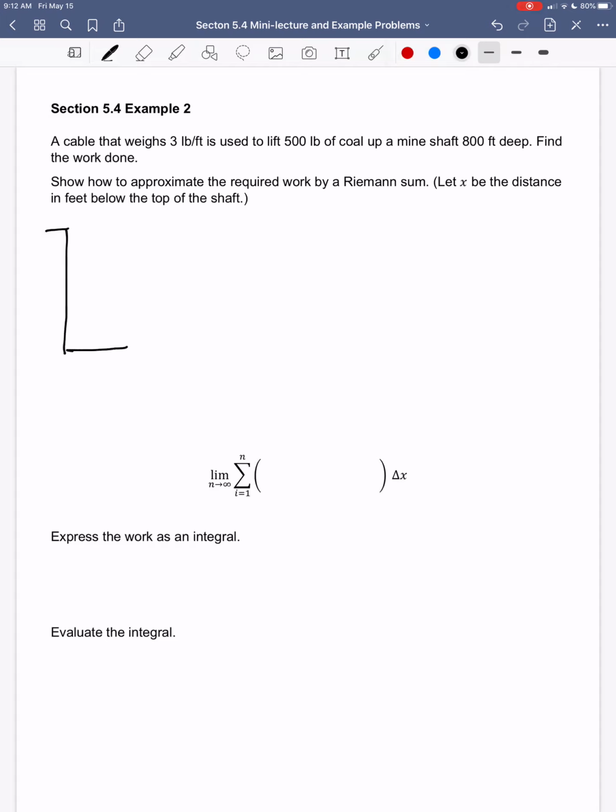My amazing art ability here. Okay, so we have this mine shaft, and somehow then we've got a cable. So this is my cable, and it's hauling up coal somehow, and this coal we know weighs 500 pounds. And I've got this distance from the top of the mine shaft to where the coal is.